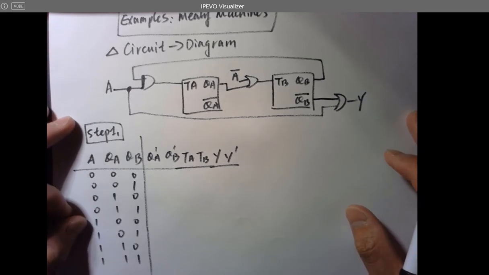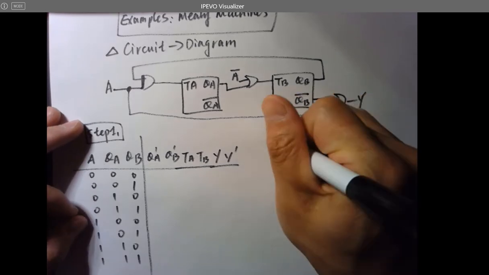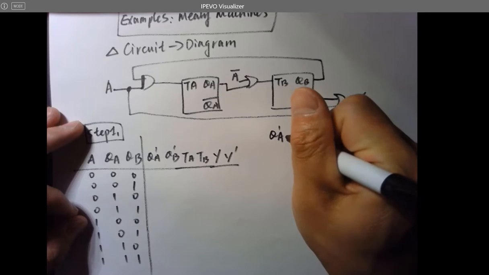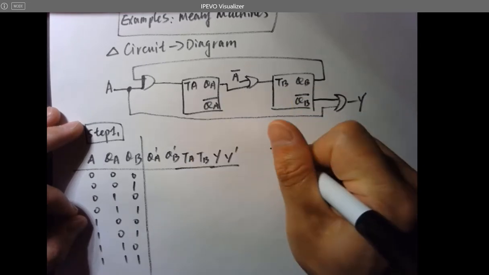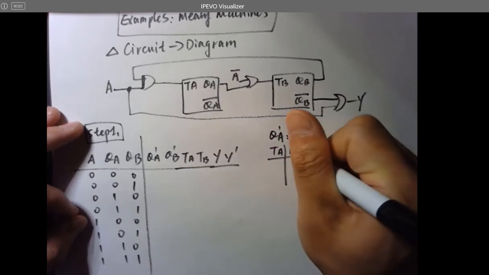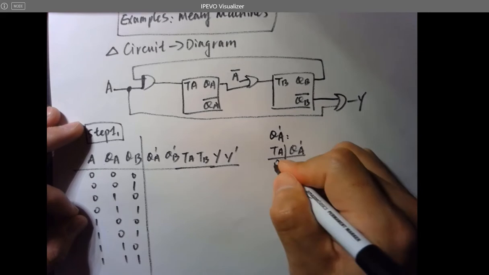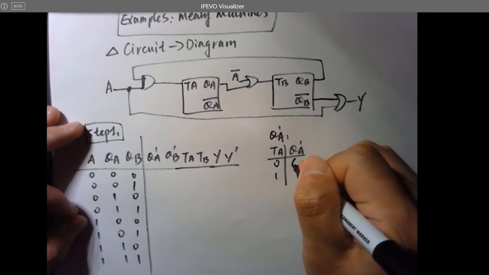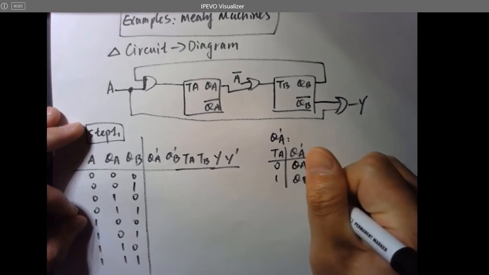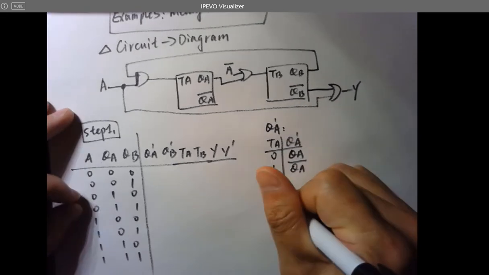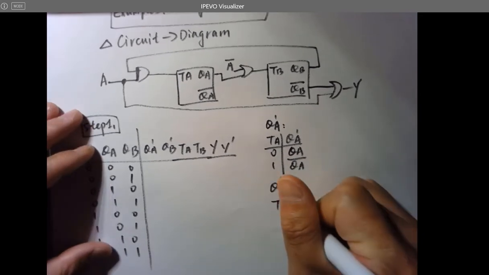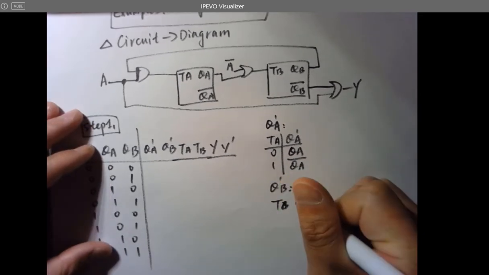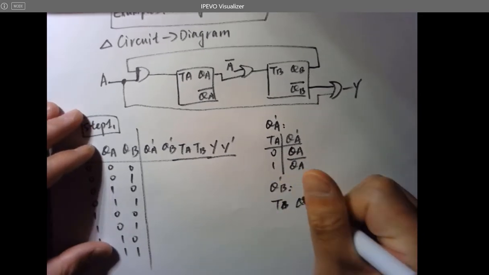The logic expressions. So what is QA prime? QA comes from this T flip-flop, so it totally depends on T. When T is 0, it's going to copy. When T is 1, it's going to toggle. Same for QB because it's also a T flip-flop.